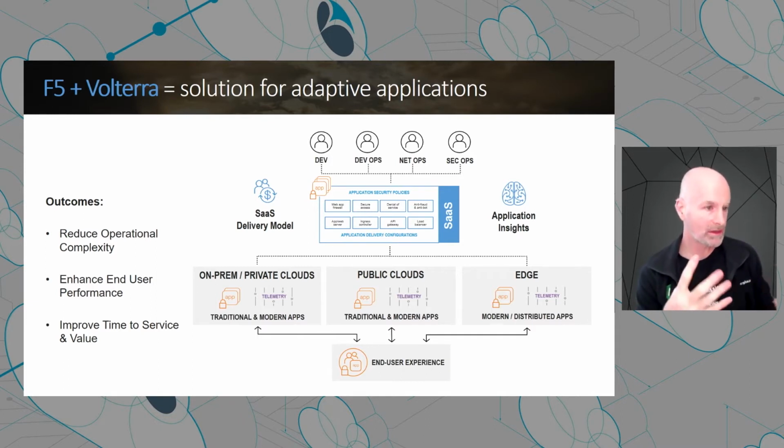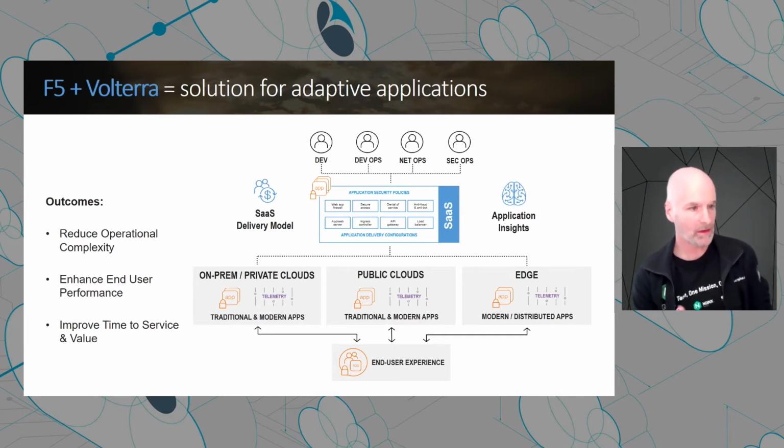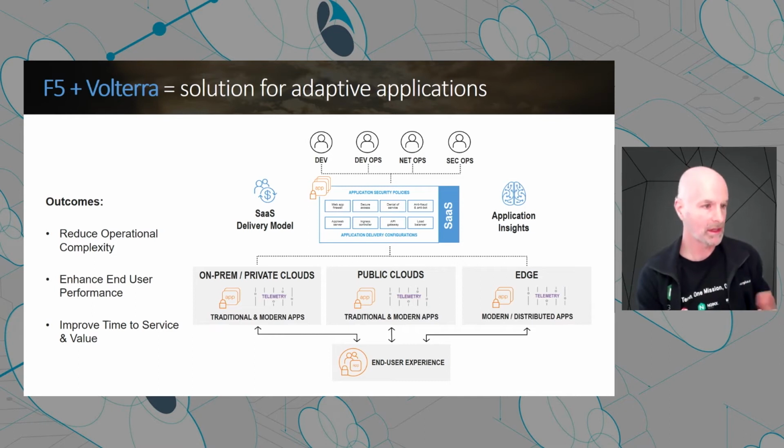So SecOps and NetOps can define the policies, and those policies can be used with ease by Dev and DevOps. And again, because the SaaS controller sits in the middle of everything, you get visibility and end-to-end observability, and also the automatic correlation of events between all of these different application delivery components.